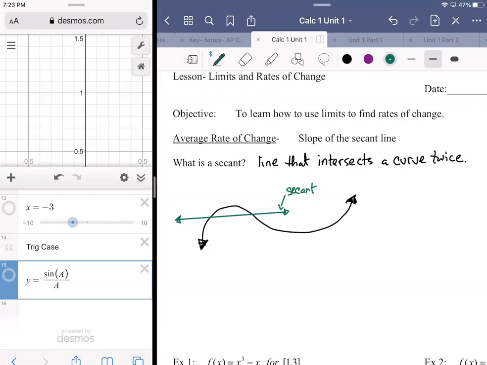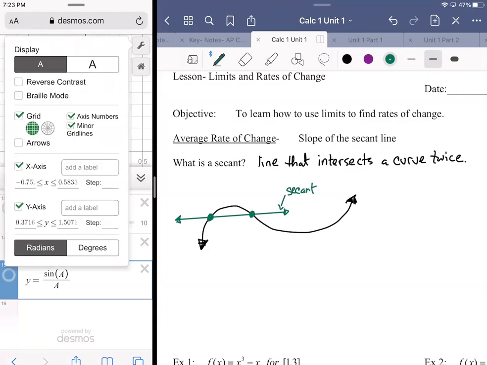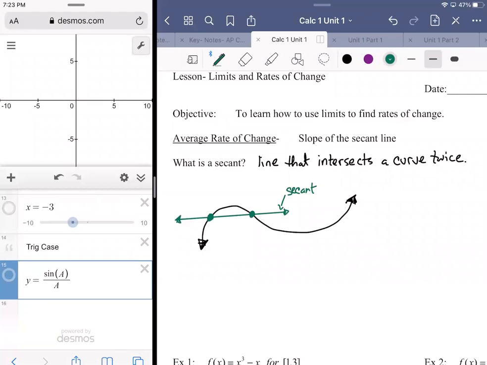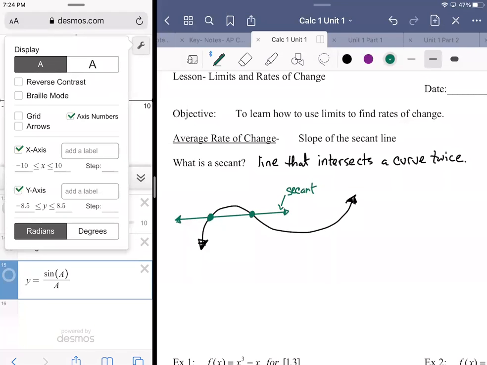All right, what we need to figure out is the slope of the secant line. So I'm going to overlay this on a set of coordinate axes. I'm just going to pull some axes in here. Actually, I don't even need the numbers.